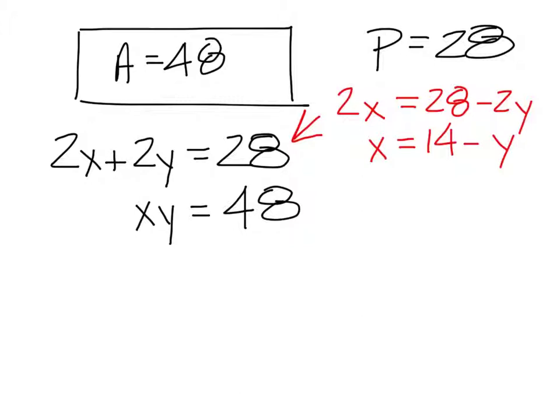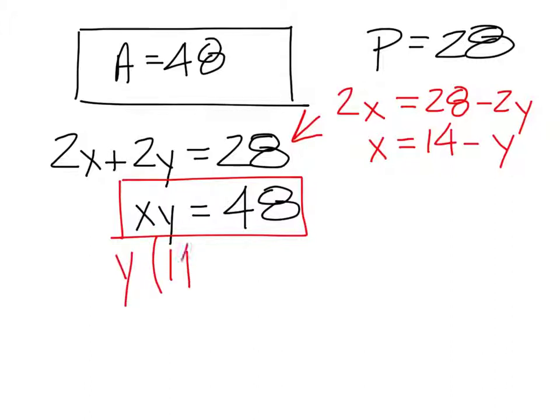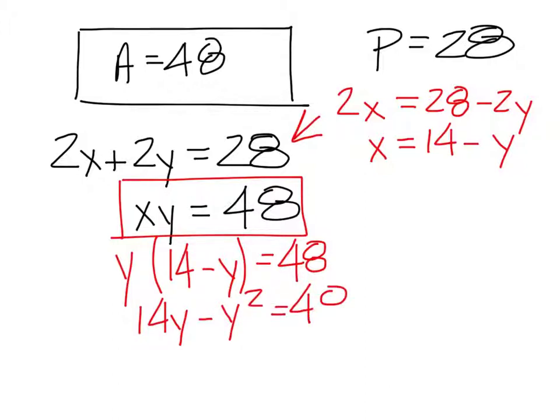Plug it in for x in this equation. Let's put the y first, and then here's the equivalent of x, 14 minus y. So I come up with 14y minus y squared equals 48.